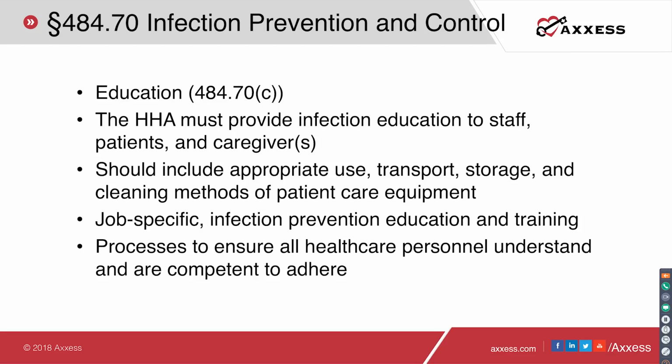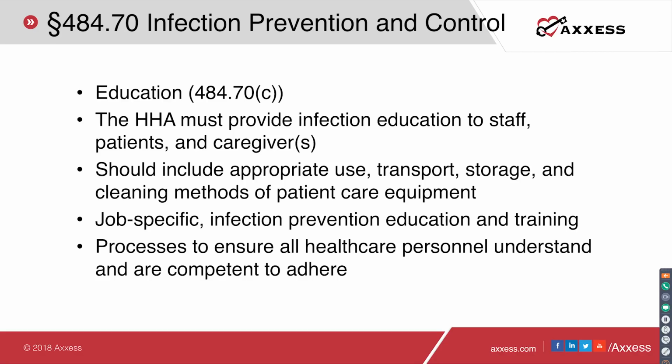And so we have to provide education and document that it's included in our documentation, the appropriate use, transport, storage, and cleaning methods of patient care equipment like glucometers, INR machines, oxygen tanks, nebulizers. Are we teaching the patient when they've had an upper respiratory infection to change out their oxygen tubing, or how often to clean their nebulizer machines and mouthpieces and all of that? We're getting really specific in the COPs here as to that being a standard now.